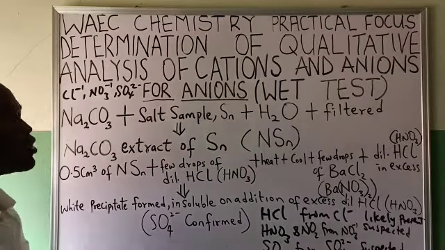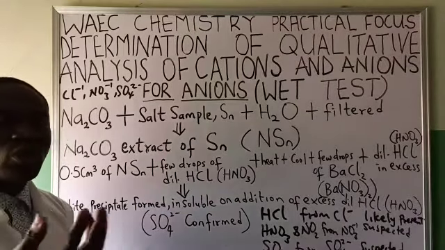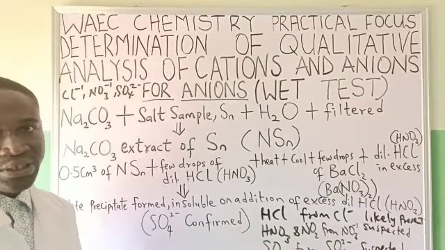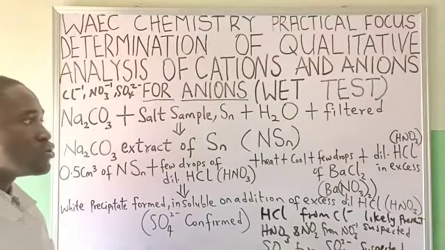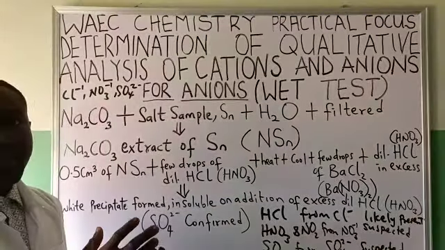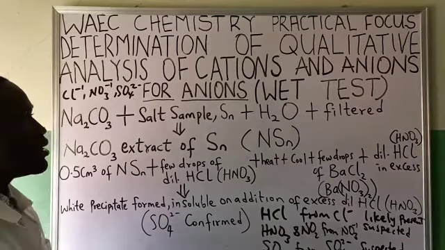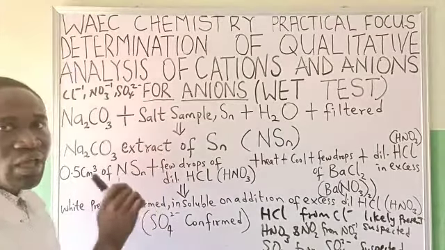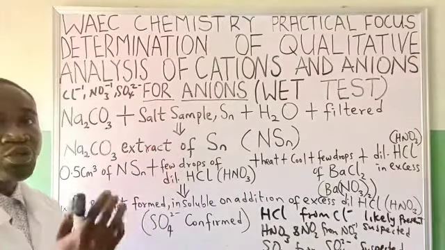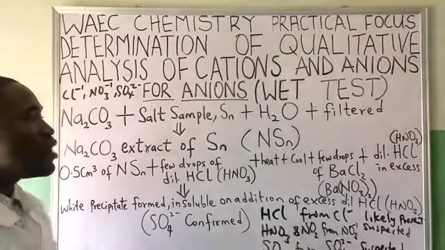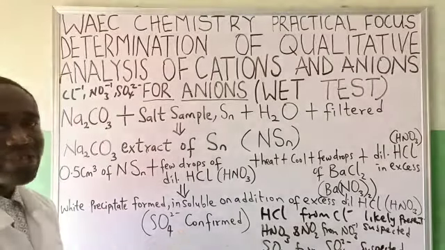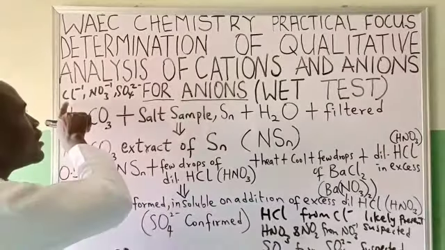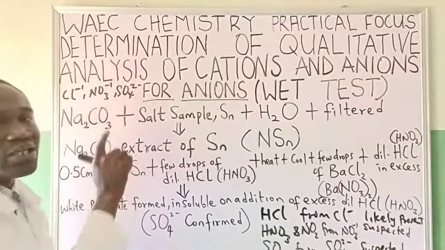We are doing so to precipitate or remove the heavy metals that will likely be present in that salt sample, because some of the cations we have while performing salt analysis are heavy metals, and when those heavy metals remain there, they will interfere with the result of the acidic radicals we will get.